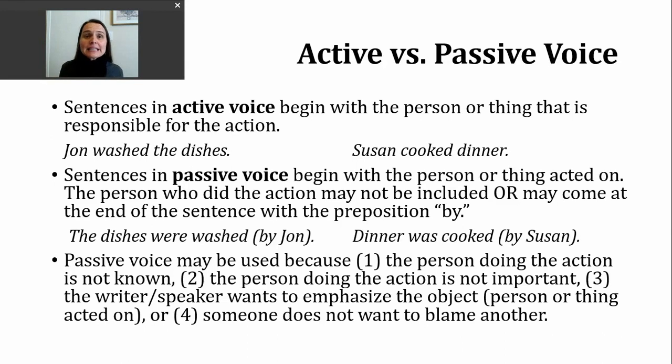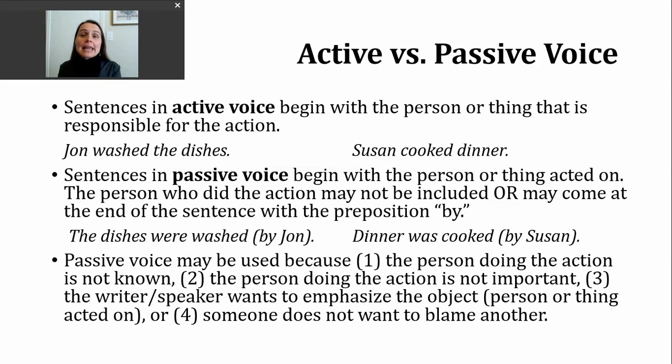But sometimes in English, you're going to see sentences in the passive voice. They are going to begin with the person or the thing that is acted on. Sometimes you'll hear teachers say this, that receives the action, right? So in our first two examples, the dishes received the action of washing, dinner received the action of cooking.